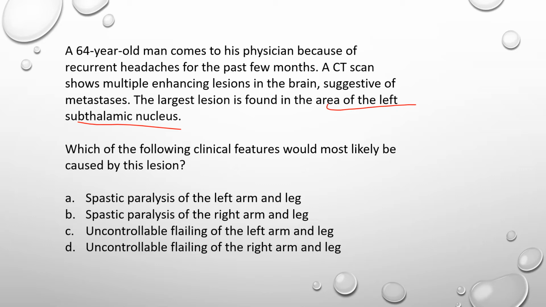So what will be the answer? The answer will of course be on the right side, because the left side of the subthalamic nucleus has been damaged. Now what does the subthalamic nucleus lesion lead to? Contralateral hemiballismus, which means it will be uncontrollable flailing of the right arm and leg. So the answer will be B.